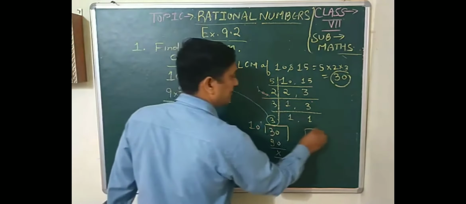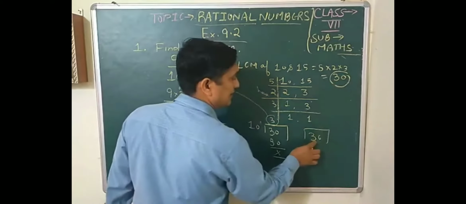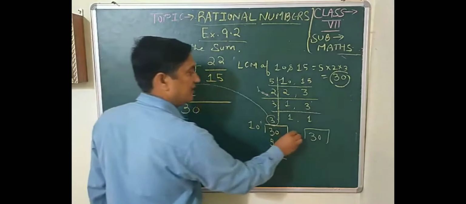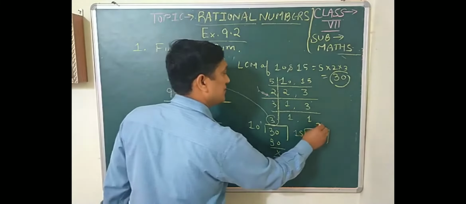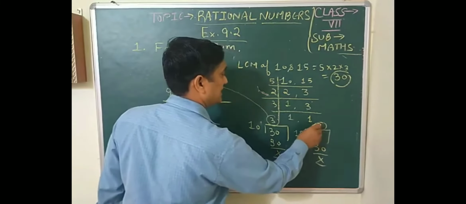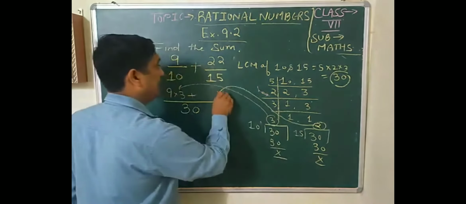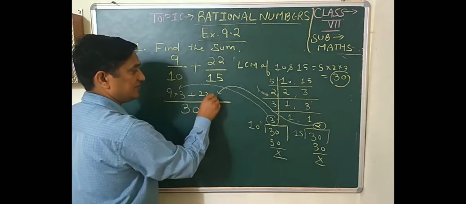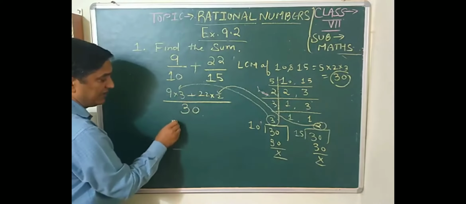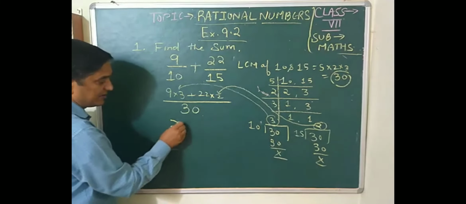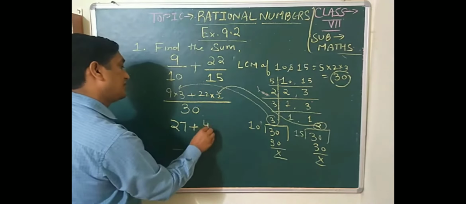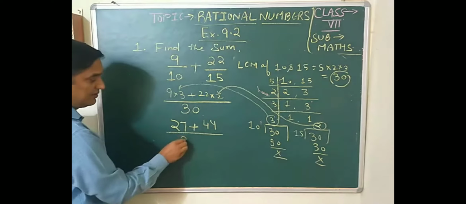Now again we have to divide this LCM by the denominator of the second rational number. 50 1s are 50. Now we have to multiply this quotient by this numerator. Now we get 9 5s are 45 plus 22 1s are 22 upon 50.